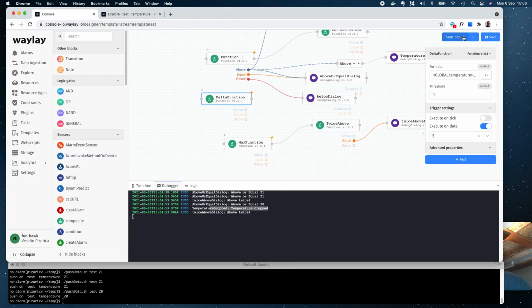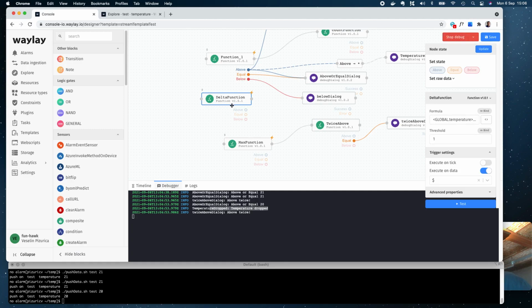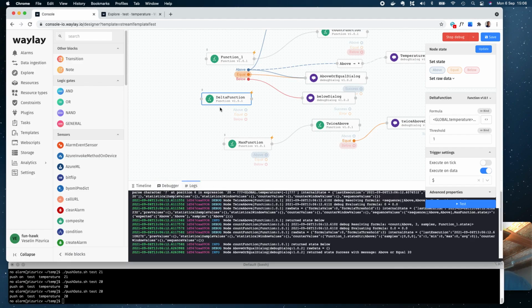Let me then start again. I will look at this thing here, and I will first take a temperature of 20. The first thing we see is that the sensor has failed, because we need 2 measurements.